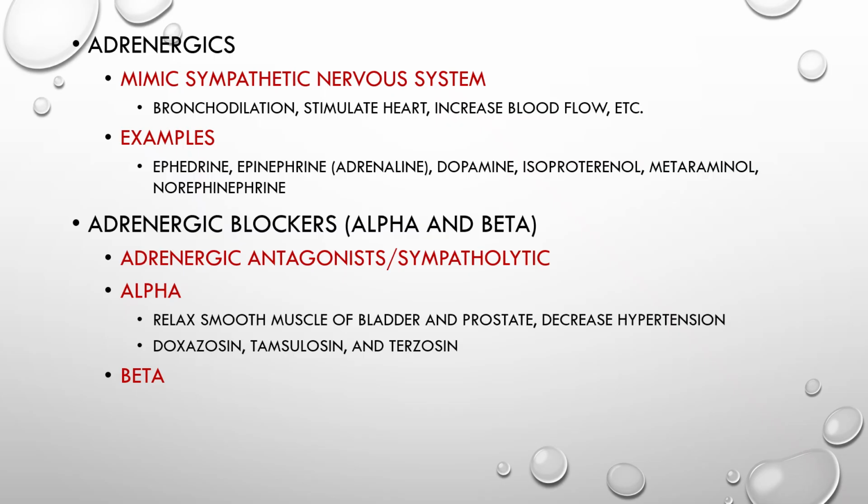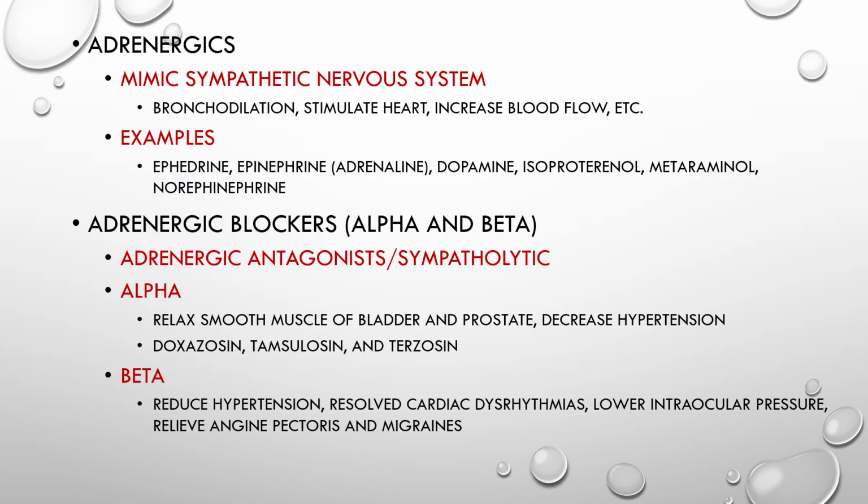Then the beta blockers, these reduce hypertension. It resolves cardiac dysrhythmias, can also lower intracranial pressure for individuals having issues with their eyes. They relieve angina pectoris and migraine. So a few different uses for these. But again, these antagonists are going to block that adrenergic system. So they are blocking the sympathetic nervous system.